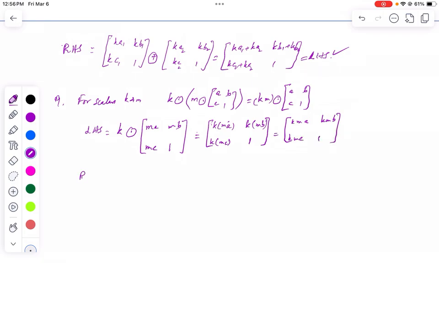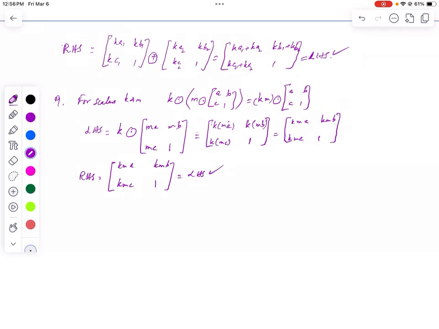And look at the right hand side, that is km times (a, b, c, 1), giving kma, kmb, kmc, and 1. So this is the same as the left hand side.